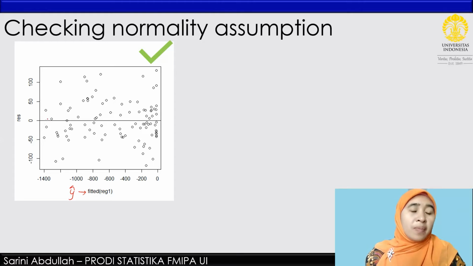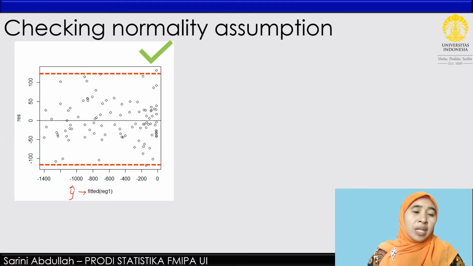So we want the value of the residuals to be concentrated around 0. There is no pattern, and if they deviate from 0, they can be positive or negative, but we want them to be between plus minus 2 standard deviation of the residuals.